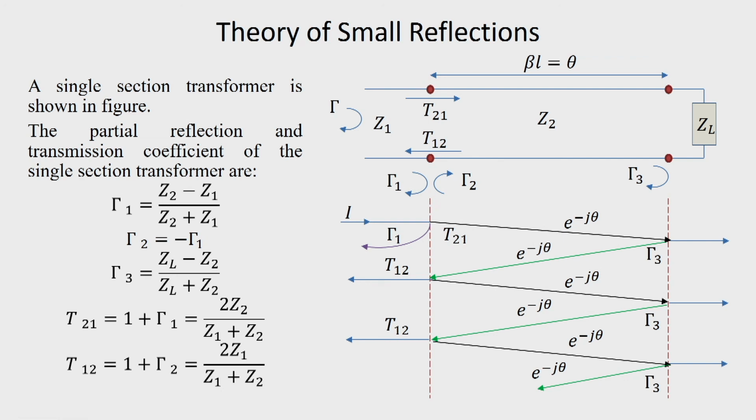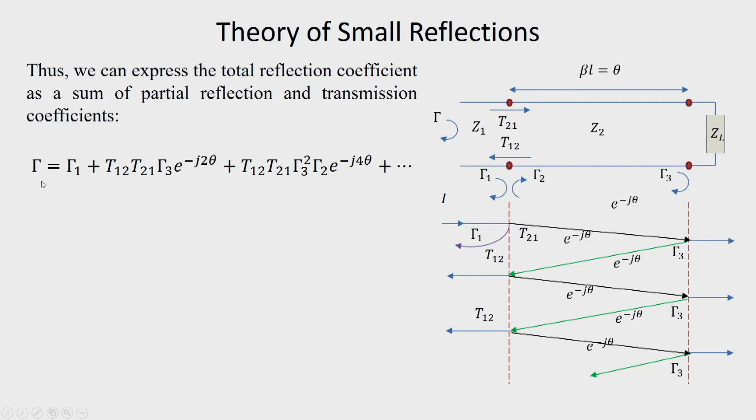So, we can write the total reflection coefficient gamma in terms of these partial reflected signals. So, we can write gamma is equal to gamma 1, the first one, then T21 e to the power minus j theta, gamma 3 e to the power minus j theta, T12. That means, this term becomes T12 T21 gamma 3 e to the power minus j 2 theta.